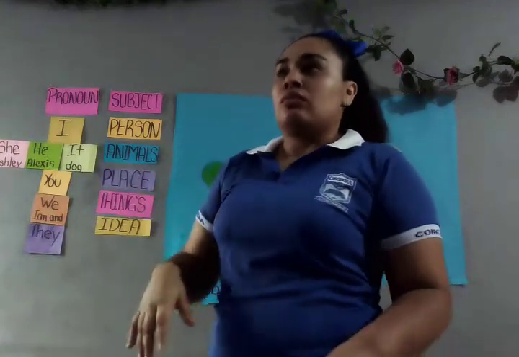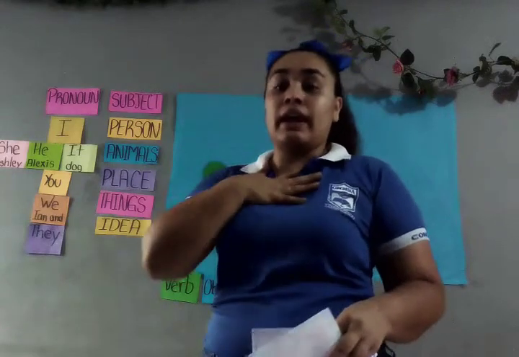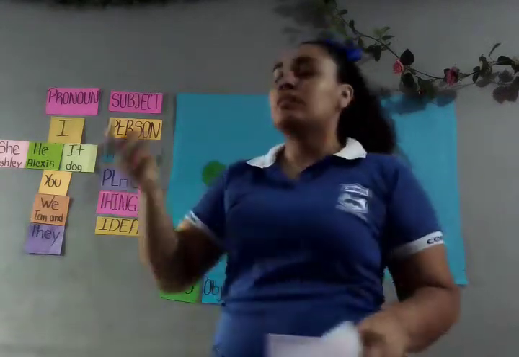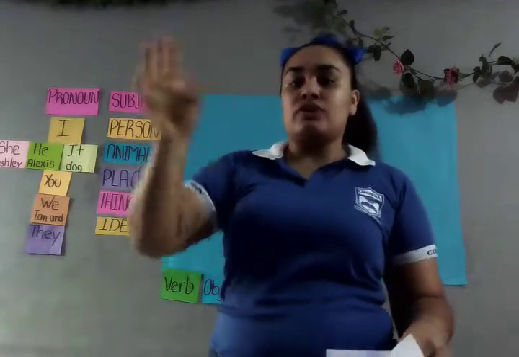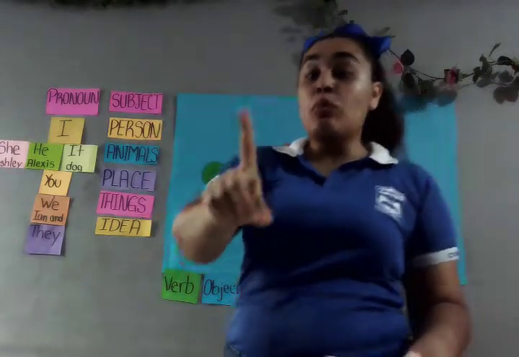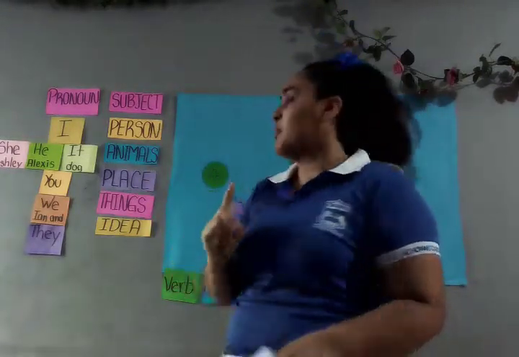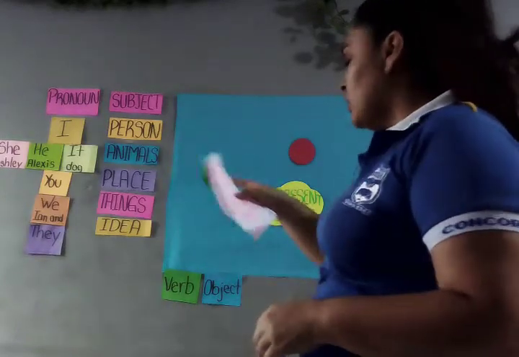You can be a name. We, Ian and I. They, Alexis, Ashley, and the dog. And when you're talking about they, they is for plural, so it must be more than one person.